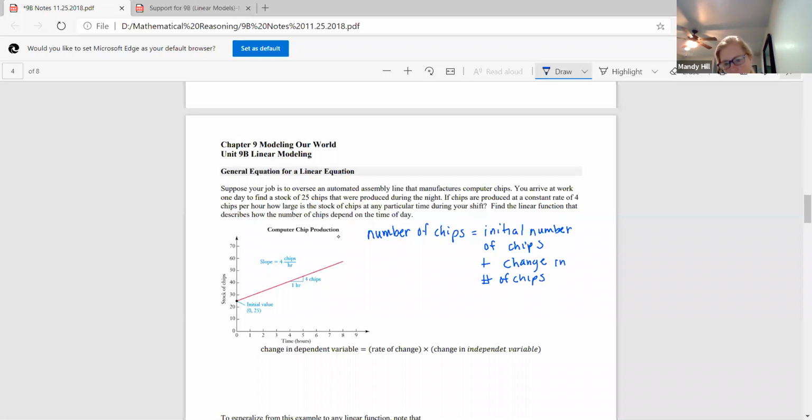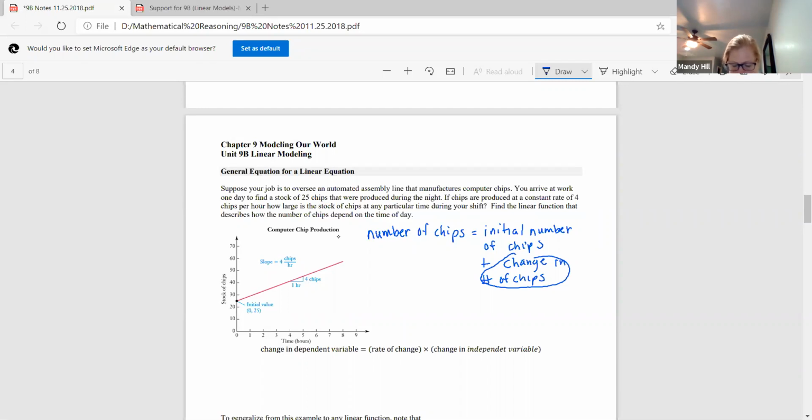Okay, so it's going to equal what we had in the beginning plus any change we had in number of chips. For the last term above, the change in the number of chips, how do we figure out what that is?